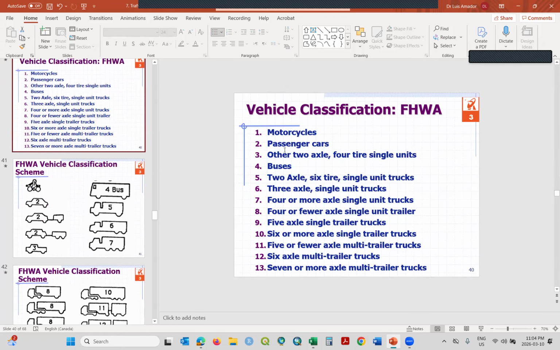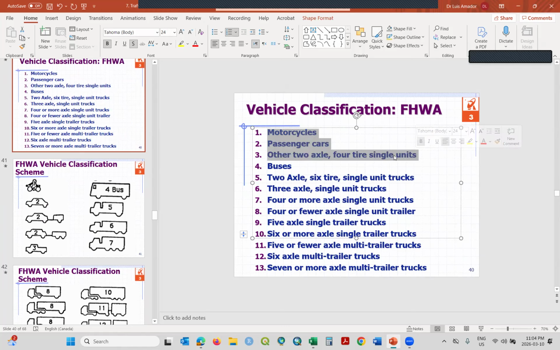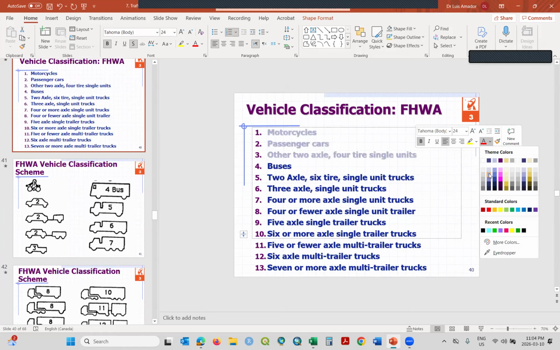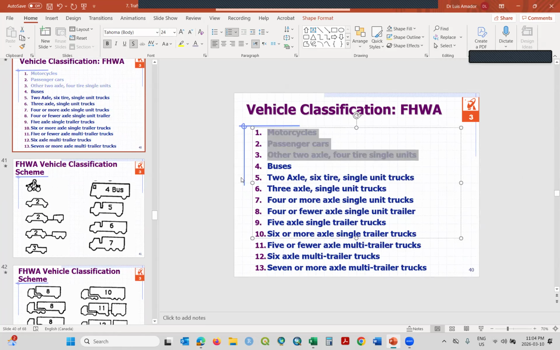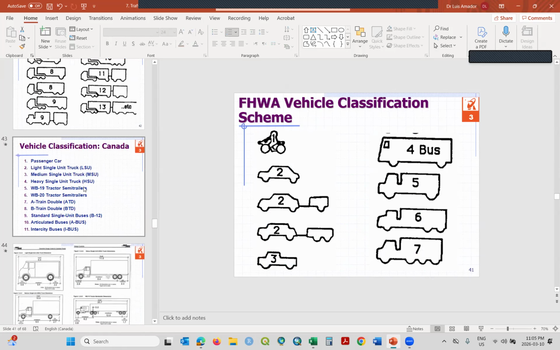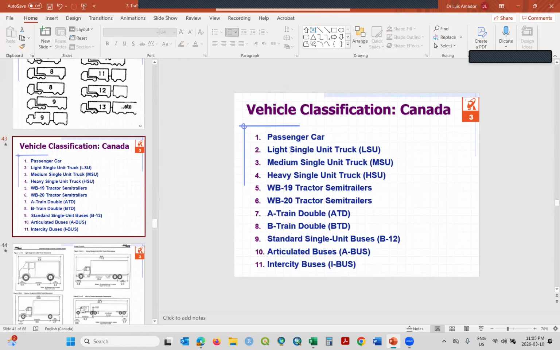When we are counting vehicles, there are different classifications. So we don't care, for pavements, about the motorcycles or the passenger cars or the two-axle, four-tire vehicles. These ones, we simply don't care about. And we start caring about buses, 2, 3, 4, 5, 6 axles, and so on. If you look at the Canadian classification, we don't care about the passenger cars.